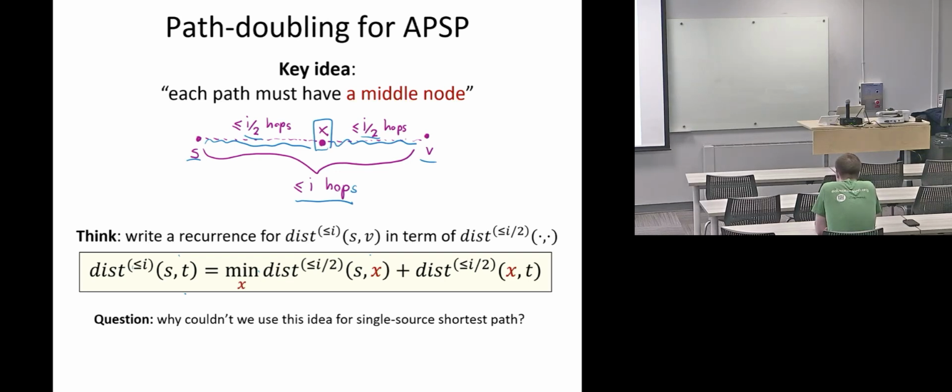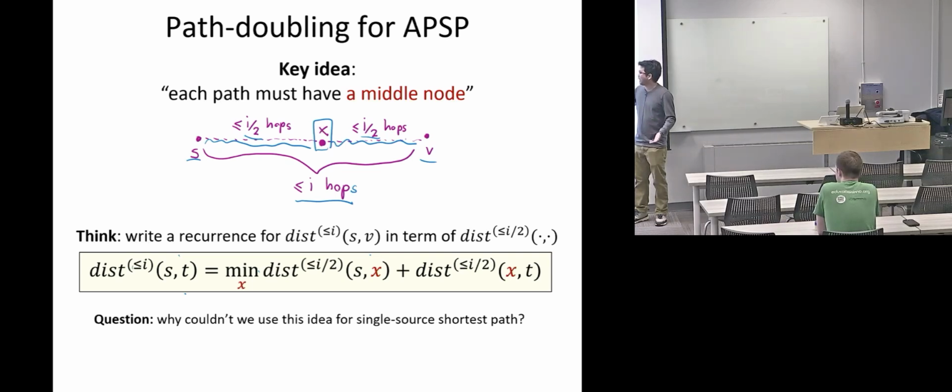Okay. I claim that we can actually do better. Can we do something about this? It would be n squared log n because we're doubling i over and over again. Yeah, we just double i, starting from 1, 2, 4, 8, until something that is a power of 2 and more than n.